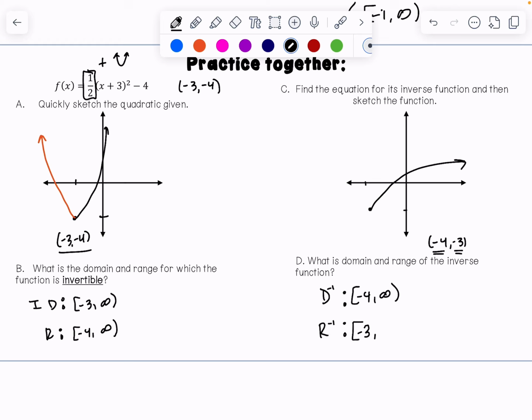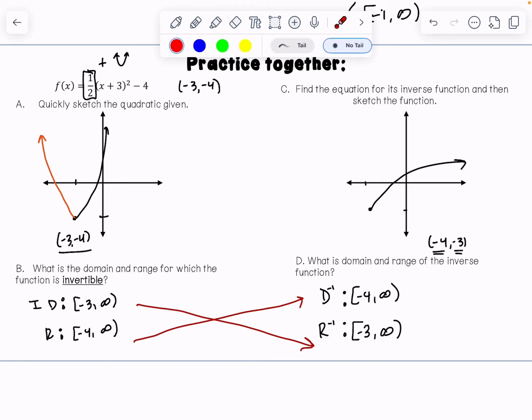And I can see that once again, these swapped, which is what we're looking for. So this is one of the key parts. Can we find the domain in which it makes it invertible? So can we restrict the domain at the vertex? What is the range? And then when we do the inverse, what becomes the domain and range? And it's just a perfect swap here.